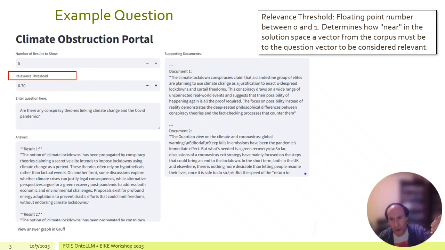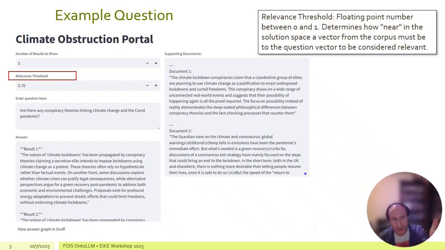And the higher the number, the closer the match has to be between the question vector and the vectors for the matching documents. So 0.7 is where we usually start.